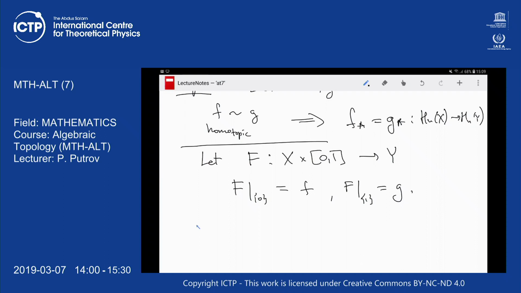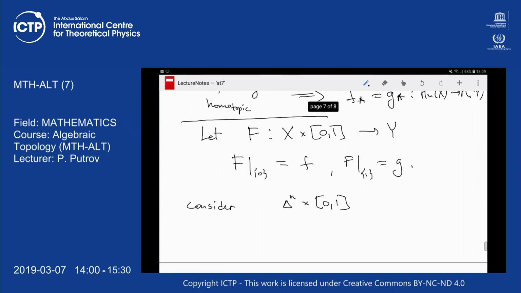So instead of X, let me for a moment consider the simplex times the interval. Let me consider the simplex times the beginning of the interval.